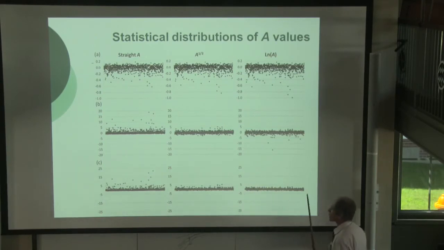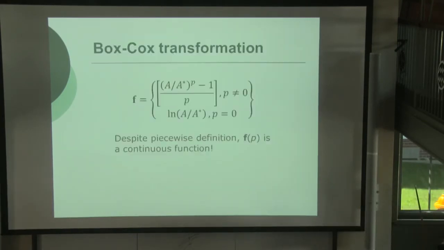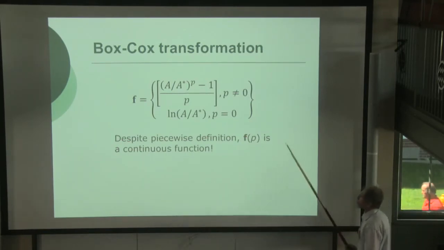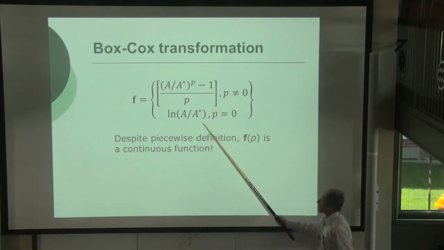And that's why statisticians devised elaborate methods of how to rectify such distributions to make them closer to normal. There exists a very nice function for that, which is actually a combination of a power and a logarithm law.